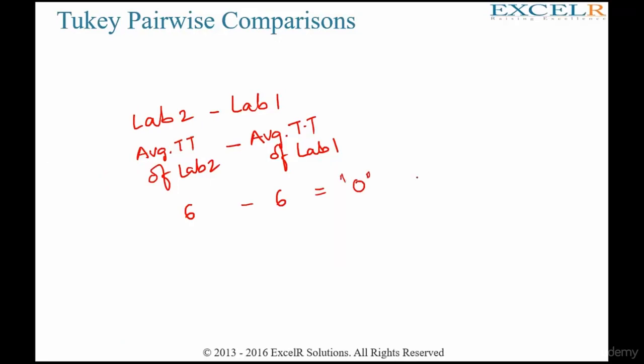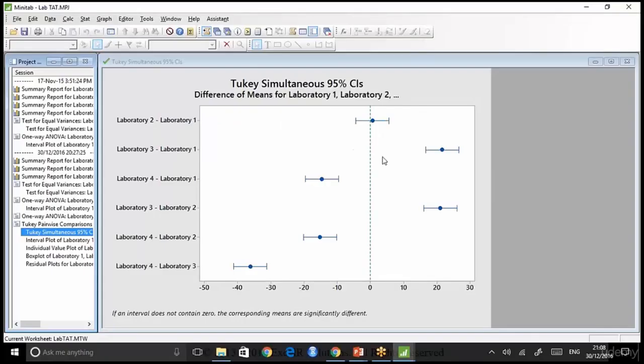So obviously 0 would be within that. And if there's no huge difference between transaction time of lab 2 and lab 1, obviously the difference between these two would be close to 0. Right? It will be close to 0. So we know for a fact that there is no difference between lab 2 and lab 1.